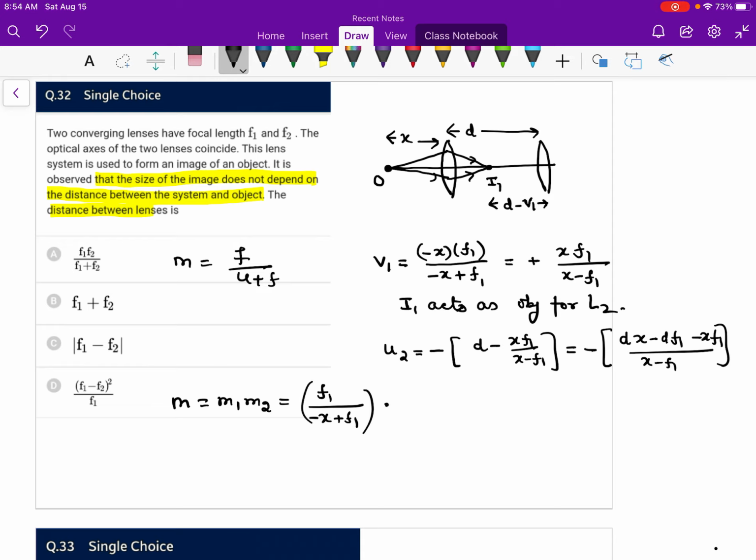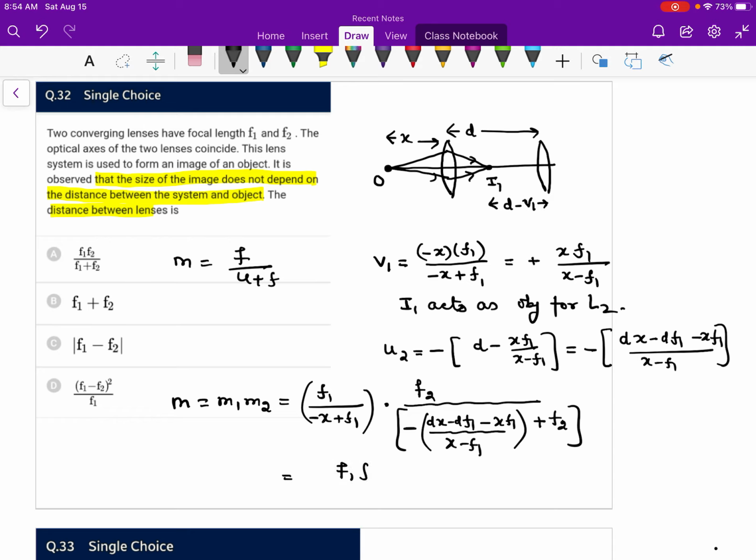And for lens 2, it is f2 upon u2, which is minus (dx minus df1 minus xf1) upon x minus f1. This is u2. So m2 is f upon u plus f, f2 upon u2 plus f2.